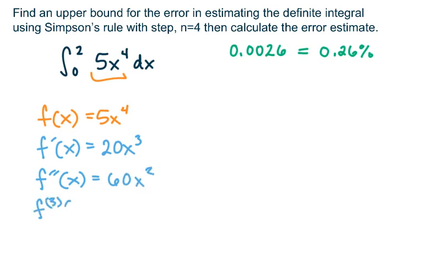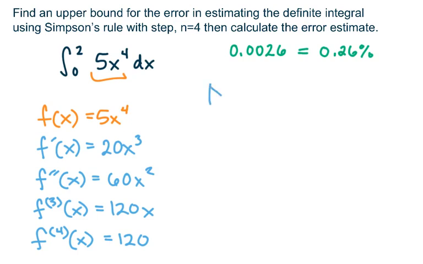My third derivative is 120x, and my fourth derivative is 120. Now, this is a constant value, so that means my upper bound M is going to be 120, remembering that M is the magnitude of the fourth derivative.